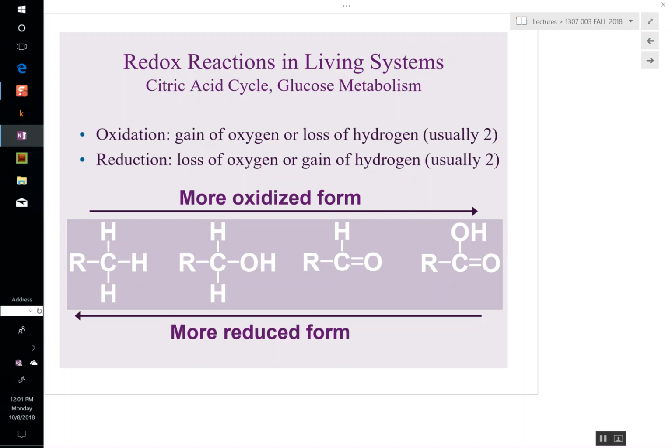That oxidation is the gaining of oxygen, the loss of hydrogen, or either one of those. Coming back this way, reduction is the loss of oxygen or gaining hydrogen. Gaining hydrogen. So grab onto that.